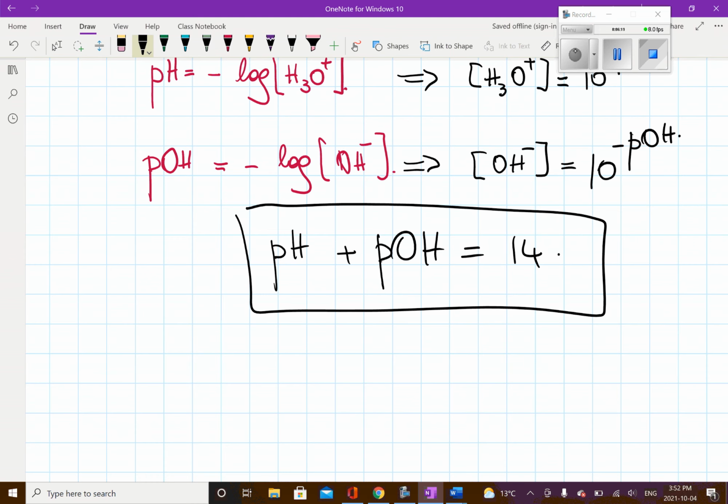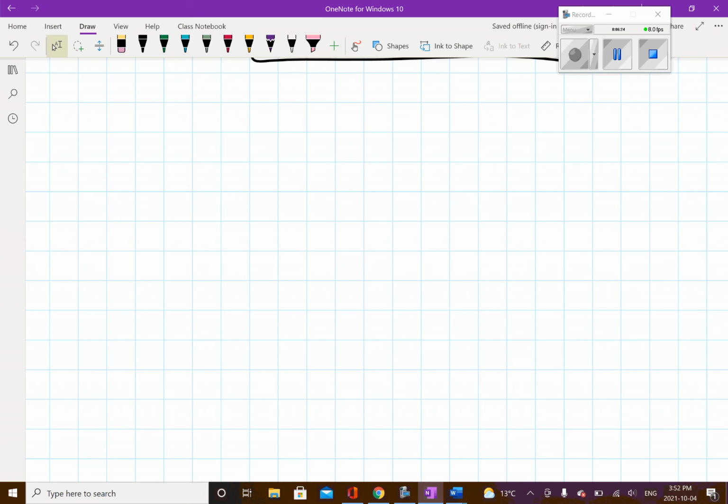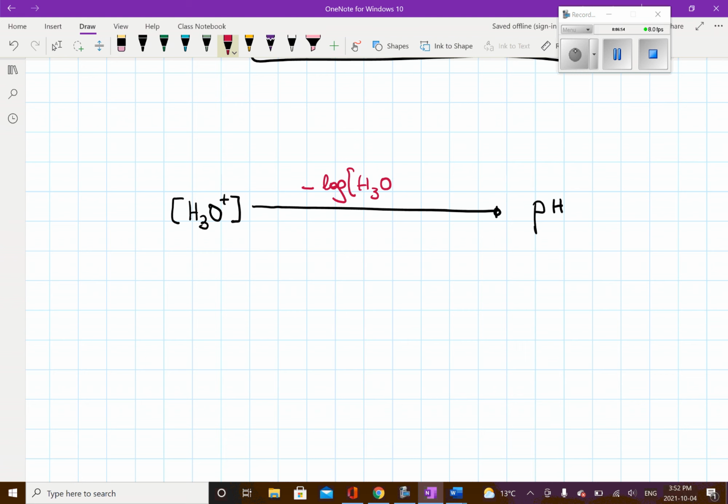So in order to bring all those together, we have constructed that flowchart or magic box. If we know the concentration of hydronium and we are looking for the pH, then we go negative log of the concentration of hydronium.